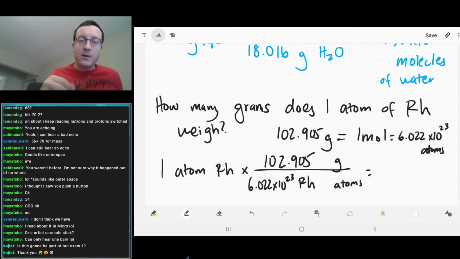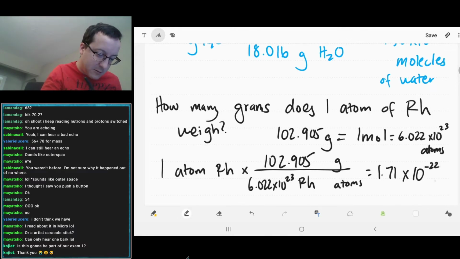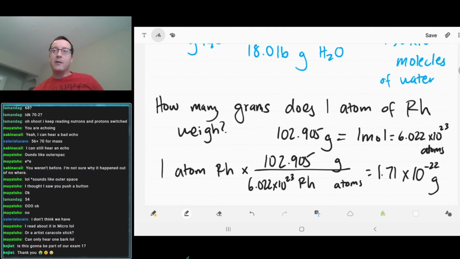So doing this number, we get 1.71 times 10 to the negative 22 grams. Okay, so really, really small number, right? One atom weighs a very small amount.